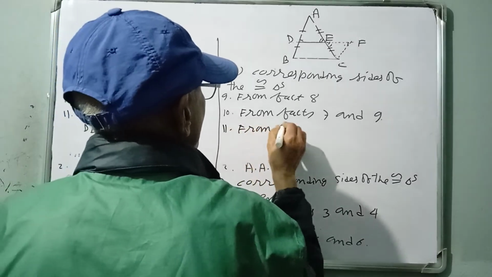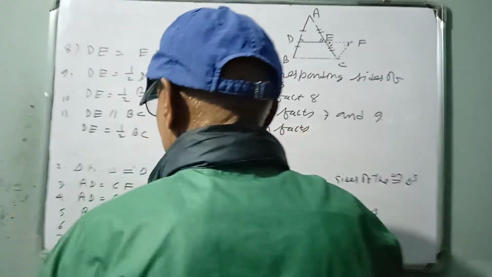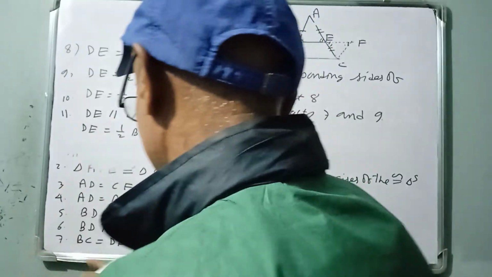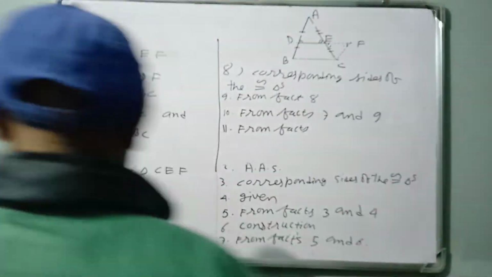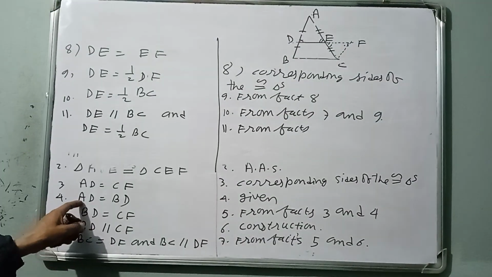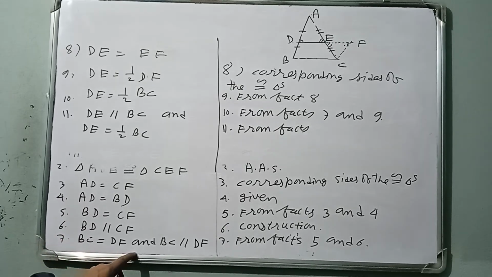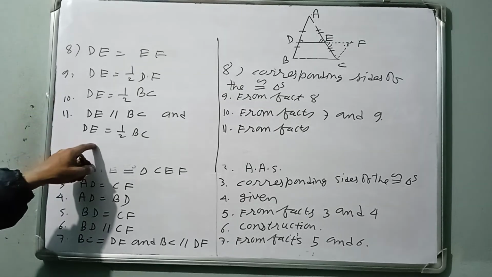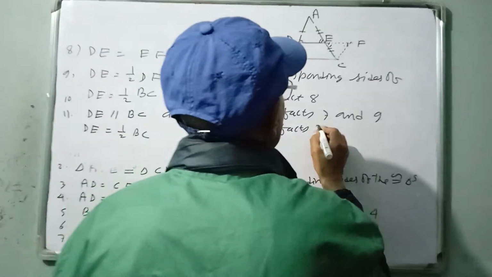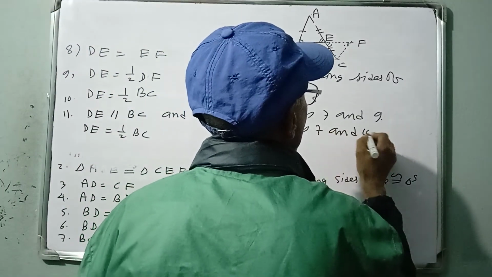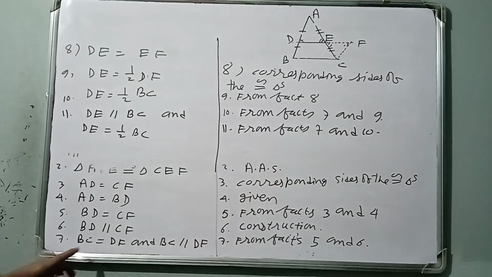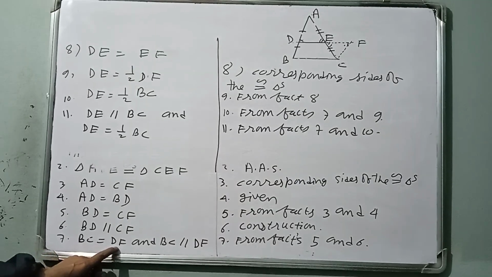From facts 7 and 10, BD is parallel to CF, BC is parallel to DF. Just check whether it is right or wrong. BC is equal to DF.